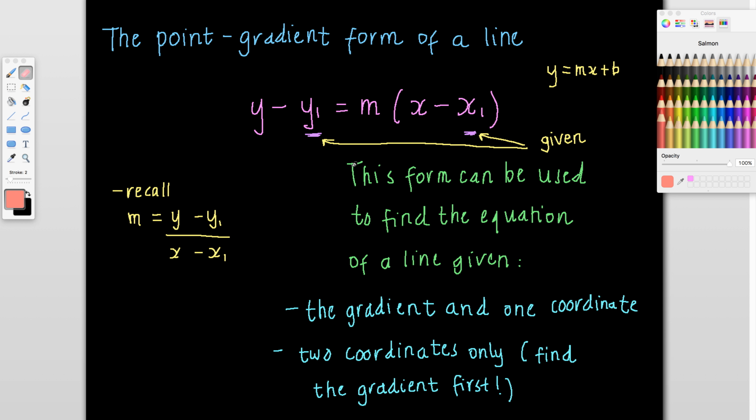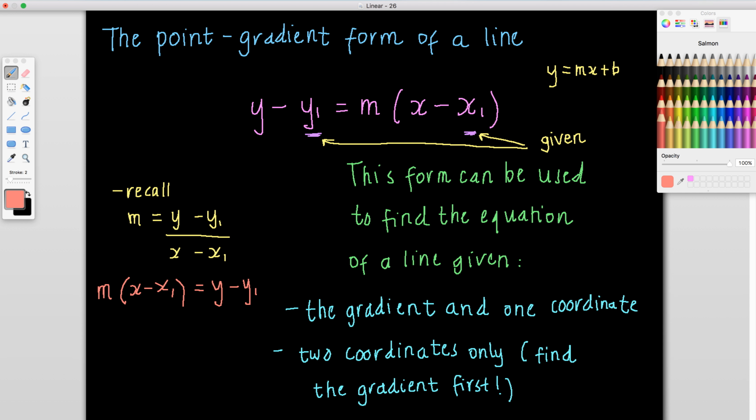You might be able to see where this rule comes from, because if I multiply both sides by this denominator of x minus x1, when I do that to this side it's going to cancel out, so you'll see that I'm left with y minus y1 equals m times x minus x1, and this is the point gradient form of a line. So that's where it comes from, and I want to show you what use we have for this particular form of a straight line equation.